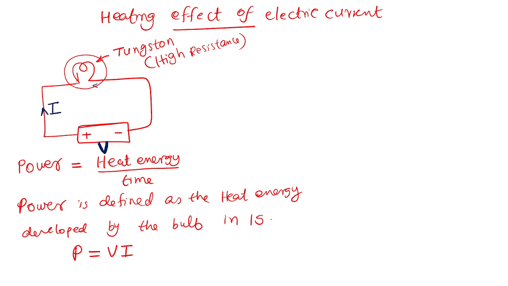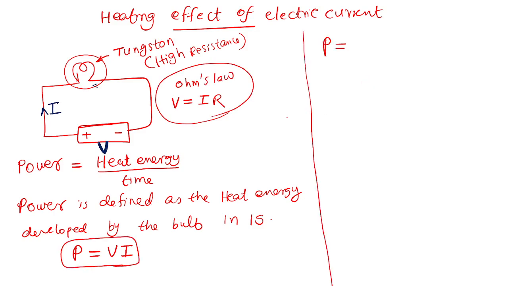So power is equal to voltage into current, and we studied Ohm's law in the previous classes. Do you remember the Ohm's law, that V equal to IR? So P equal to V into I. V is what?